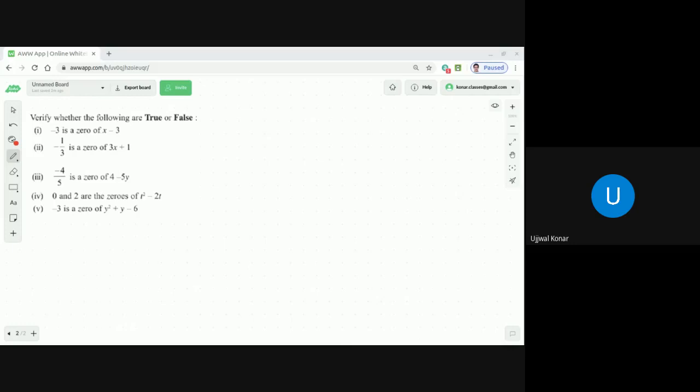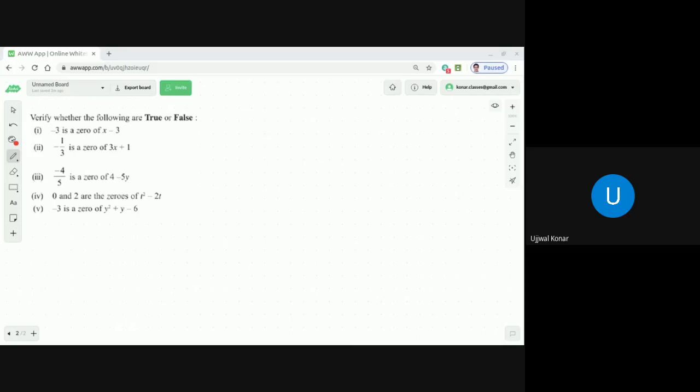Second one is true, -1/3. -4/5 is false. t and 2 are the zeros, true. The fifth is -3, -9. Yes, you deserve 1. Okay, I gave you 1.